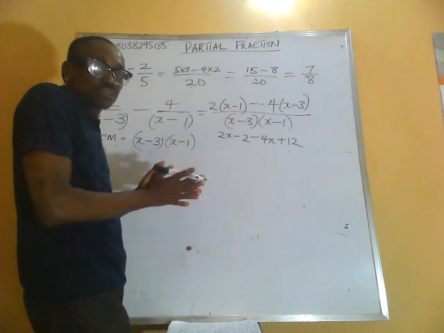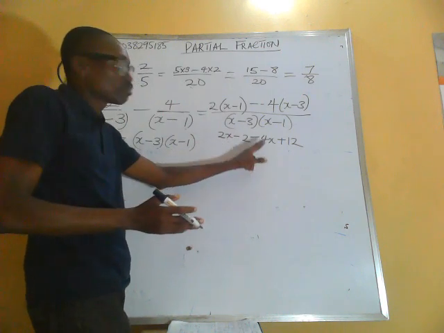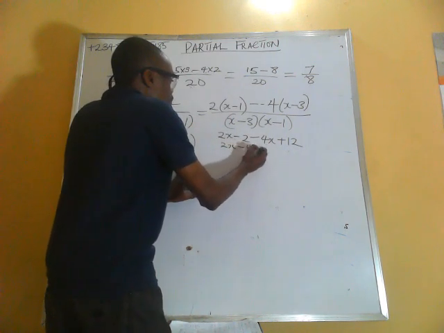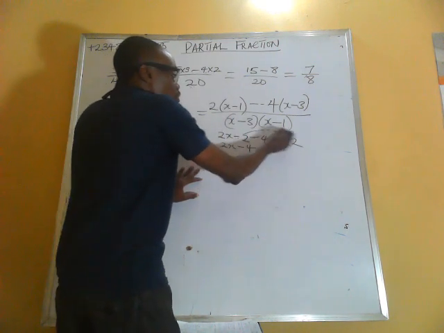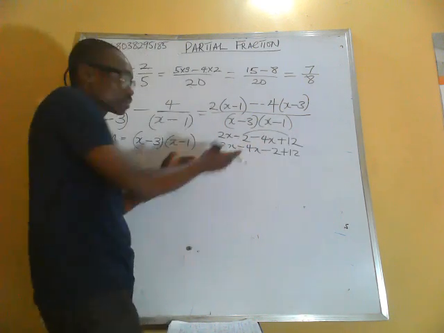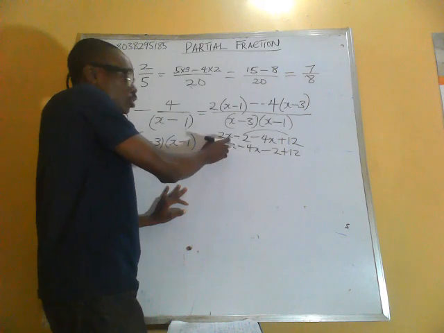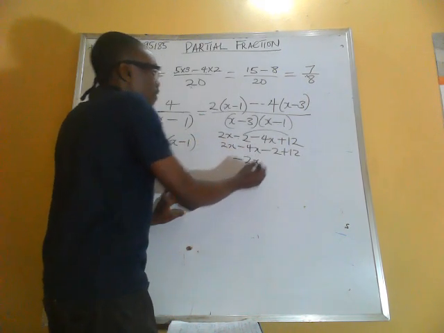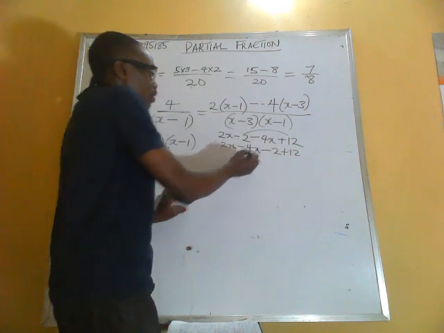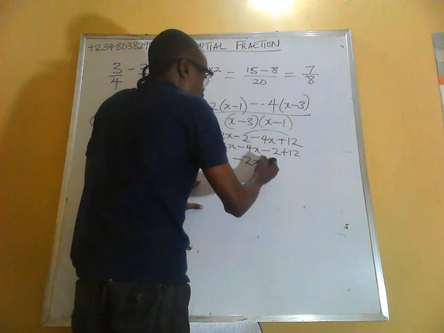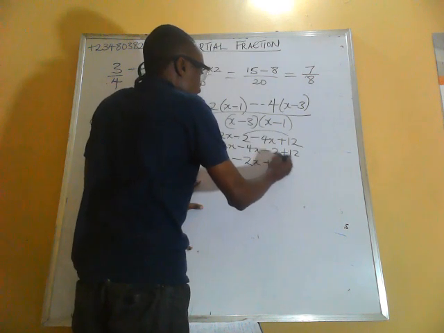You have 2x minus 4x, then minus 2 plus 12. Let's simplify. 2x minus 4x gives you minus 2x. Then minus 2 plus 12, your answer there is plus 10.